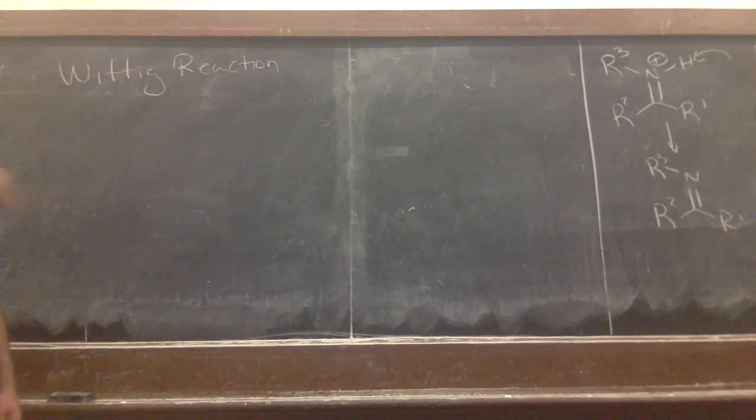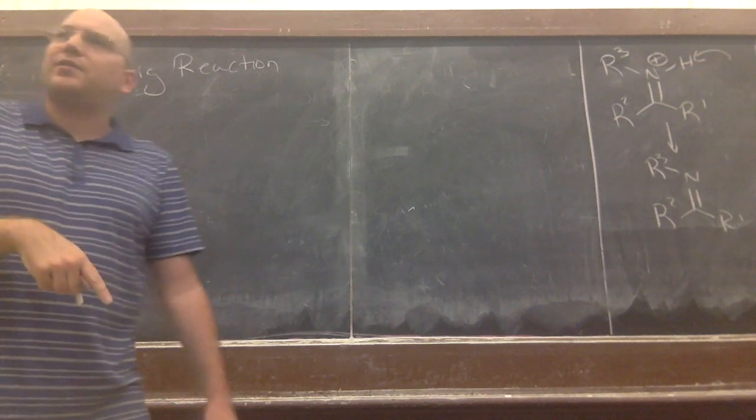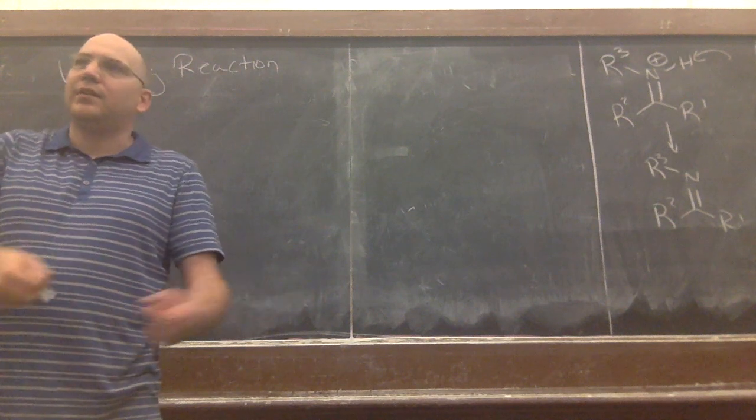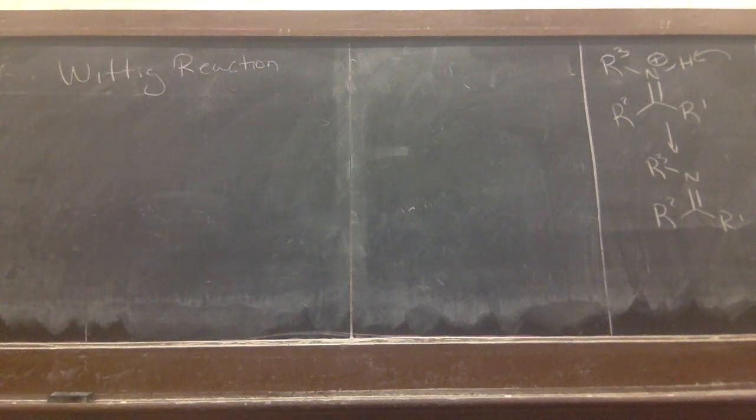The other thing all the ones I just stated have in common is that you're making single bonds. It's making a carbon-carbon single bond. All of the ones that I just described had that.